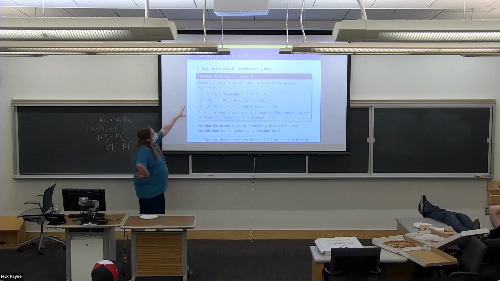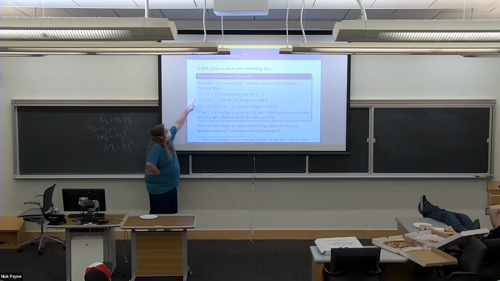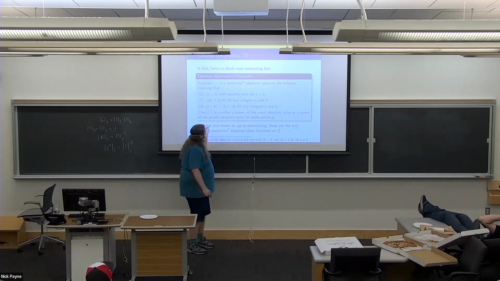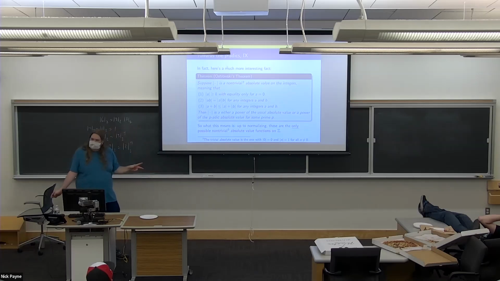What it says is, if I have a non-trivial absolute value on the integers with this non-negativity property, it's multiplicative and it satisfies the triangle inequality, then up to taking a power of it, which if you take a positive power of something with all these properties also has them, so you might as well normalize it, you either end up with just the regular absolute value coming from real numbers, or you end up with one of these p-adic absolute values for a prime. That's all that you could have.